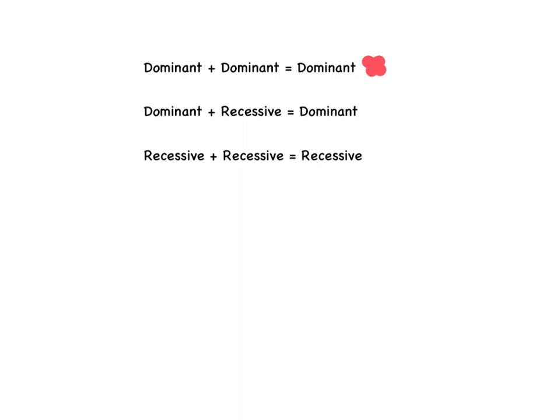These two characteristics are what we call homozygous, because they are both the same genes, whereas this one is heterozygous because you have one of each. These represent the genotype, so which alleles you have, whereas these represent the phenotype, the characteristic that comes out.